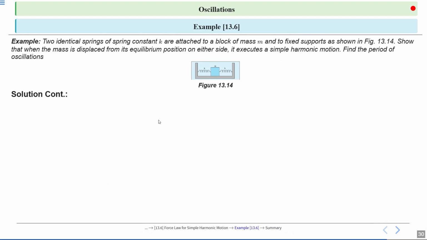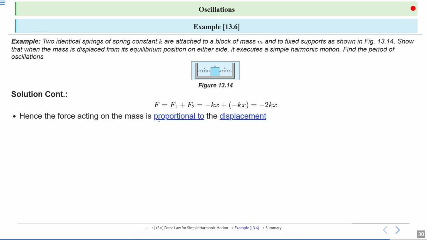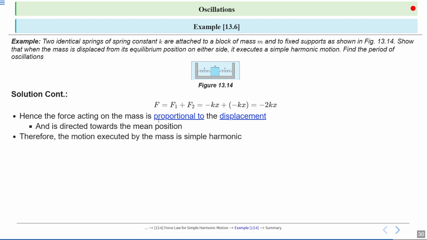Now F is equal to F1 plus F2. So hence the force acting on the mass is proportional to the displacement and it is directed towards the mean position. Therefore, the motion executed by the mass is simple harmonic.